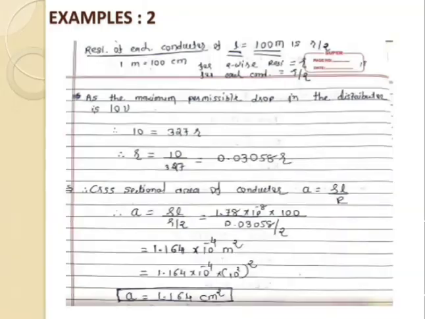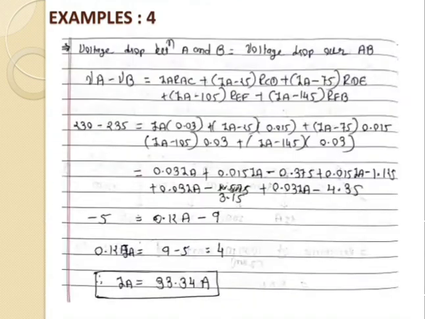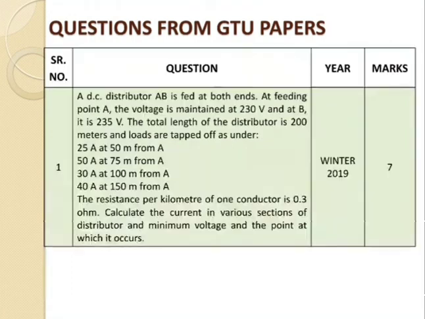From this example we have calculated the value of the cross sectional area. From this lecture we have solved the example of a DC distributor fed at one end only. In the next lecture there are some examples which were asked inside the GTU papers.